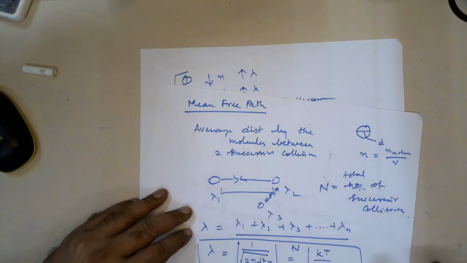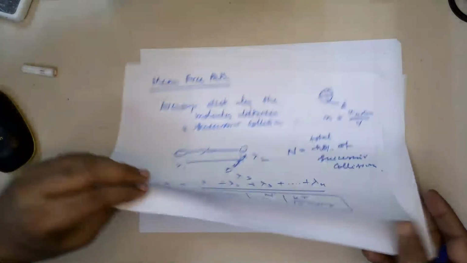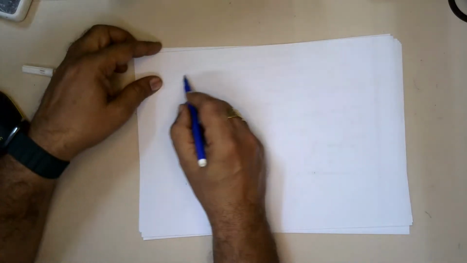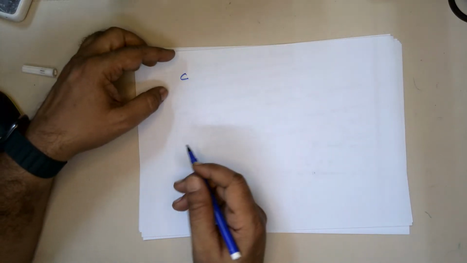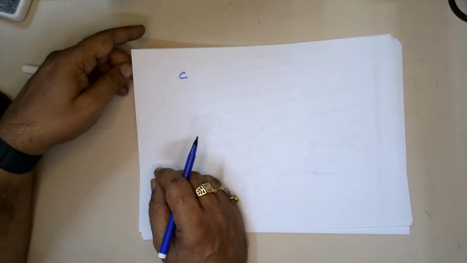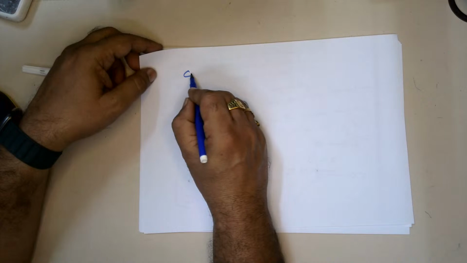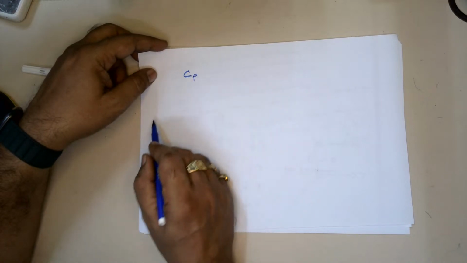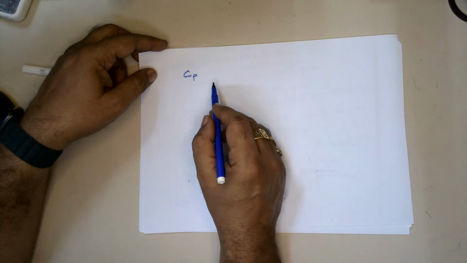Then we should be aware of certain important terms also. For example, we should know what is Cp, what is Cv, and heat capacity. There are two important terms: specific heat capacity, or you can call it molar specific heat capacity.